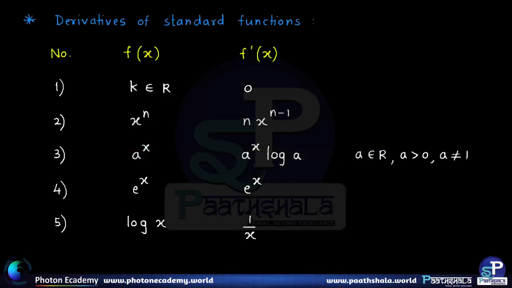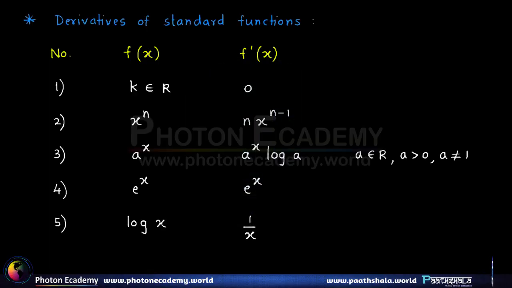Next we have the derivative of a raised to x. Here a is a real constant, which is greater than 0, that is, it has to be a positive real constant, but it should not be equal to 1 because that's a requirement for the exponential function, right?